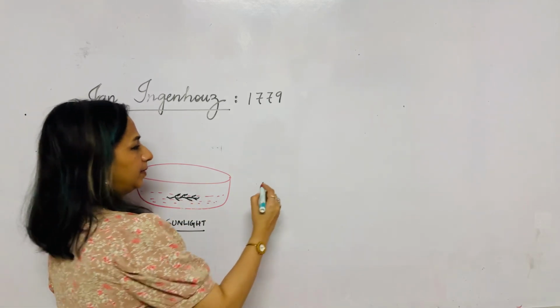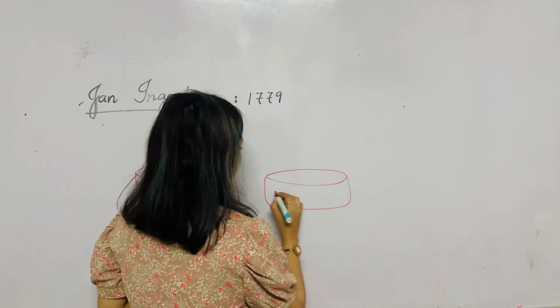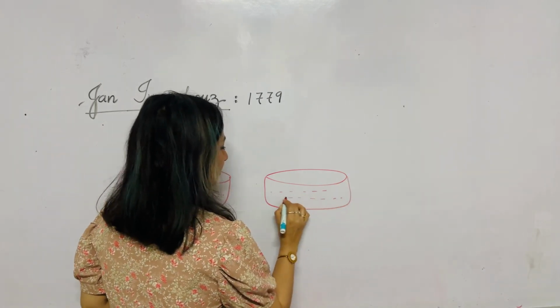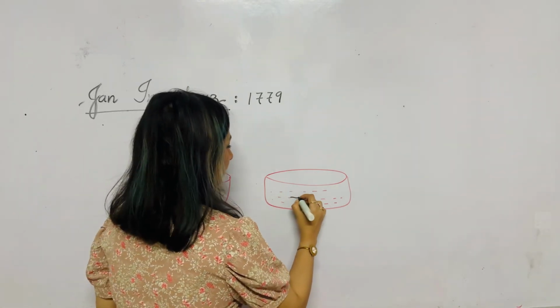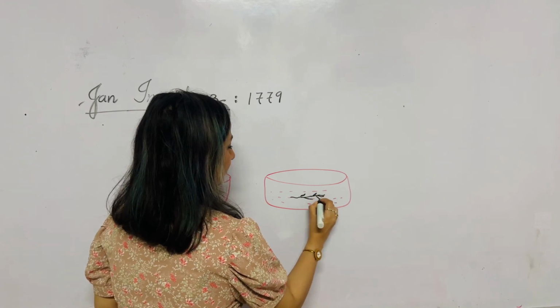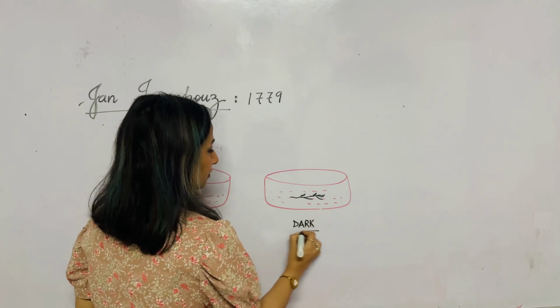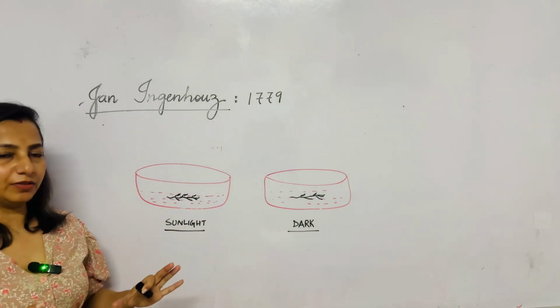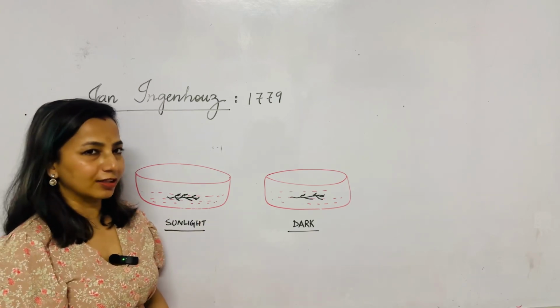He took a similar bowl with water and a hydrilla plant, exactly the same replica of this bowl, and he kept this bowl in the dark. Two similar bowls with hydrilla plants in water, one in sunlight, another in the dark.